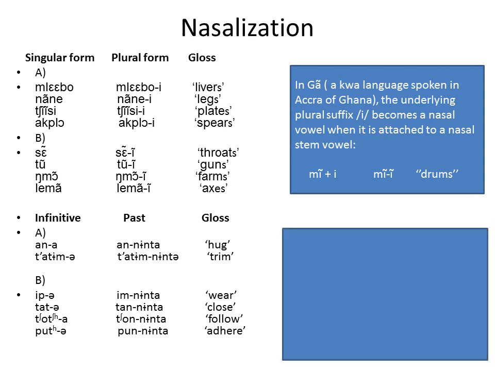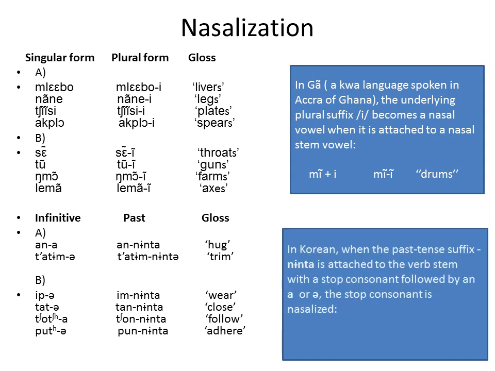Based on the description of the data in Korean, we give the following informal rule. In Korean, when the past tense suffix ninta is attached to the verb stem with a stop consonant followed by an or shva, the stop consonant is nasalized. So what is important here, consonant nasalization is about stops. The consonant that is nasalized in Korean here is a stop consonant. P is a stop. T is a stop.